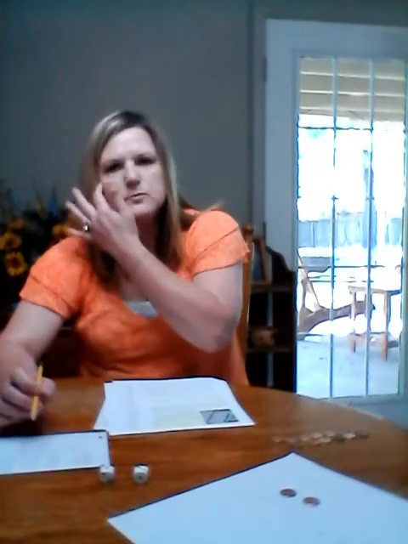Now, in theory, how many times will we get the sum of 2? That means 1 out of 36, because 2 can only appear one way, and that is with 1 and 1.